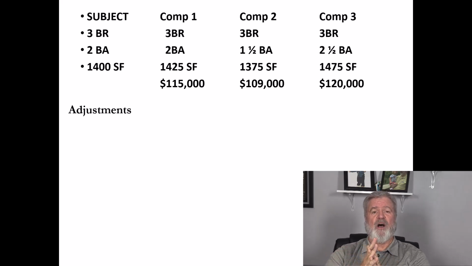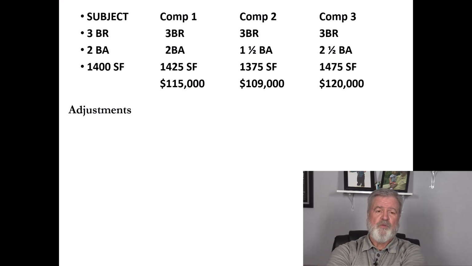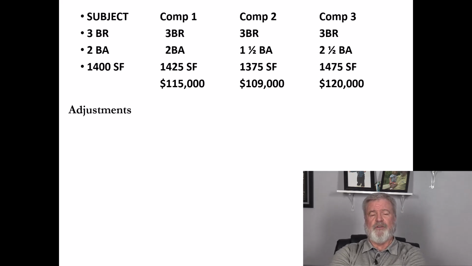Okay? You're only adjusting the comparable property. You never adjust the subject to the comps. We're adjusting the comps to the subject. So, we know that 25 feet is worth $750, but hopefully you're able now to figure out, do I add $750 or subtract $750?